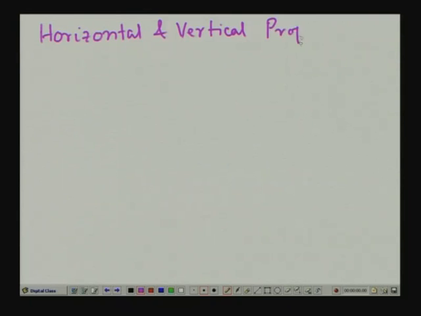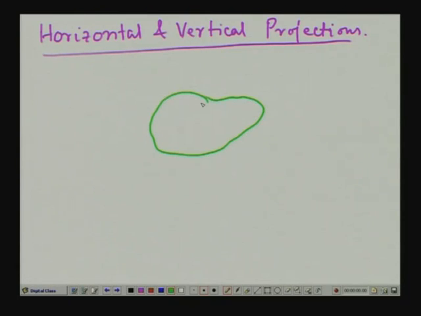The other kind of descriptor which can be used, which is again a region based descriptor, is horizontal and vertical projections. Now, what are these horizontal and vertical projections? Suppose I have some object region, something like this, and this is my x axis, the horizontal axis, and this is the vertical axis y.